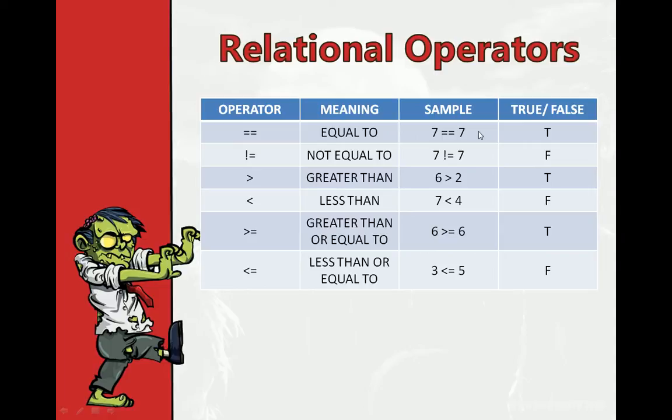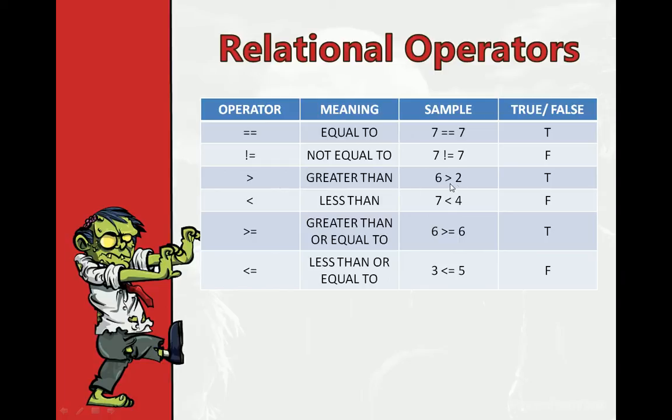The not equal to operator, meaning I'm testing to see if a value is not equal to another value, is the exclamation point and the equal sign. In the sample here, is 7 not equal to 7? That statement is false because 7 is equal to 7. I have the greater than symbol. Is 6 greater than 2? Yes, it is, so this statement is true.